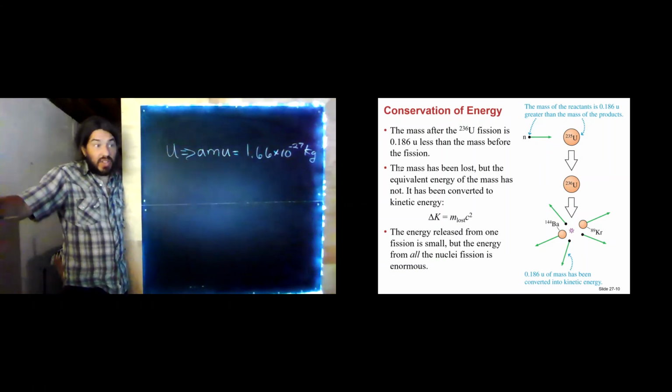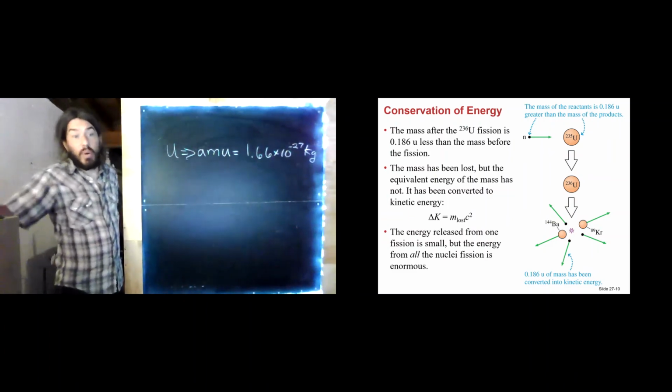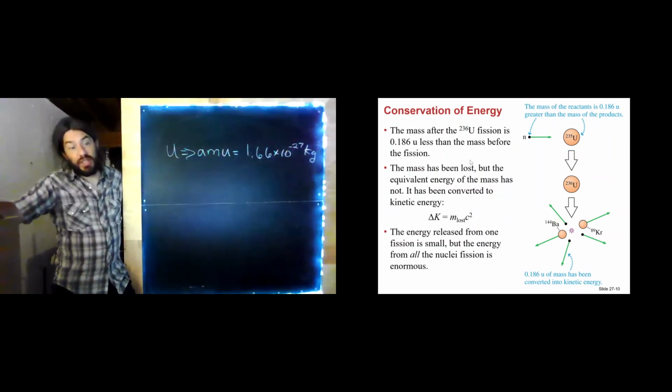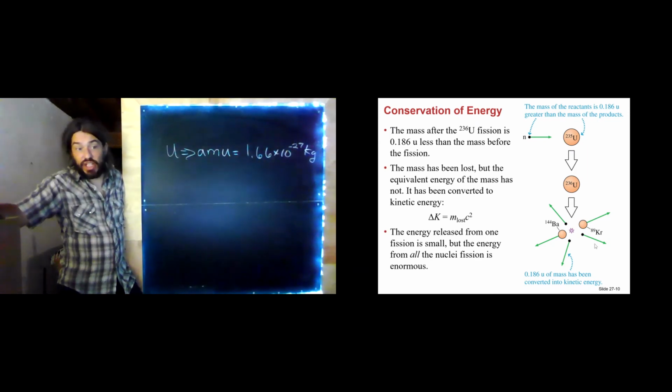So you can see that this is like 18% of an atomic mass unit, something like that, that we've lost. But where did that energy go? Well, it turned into high energy photons, which if you're in a nuclear power plant, then this energy can be used to heat water, turn it into steam, and run a turbine.